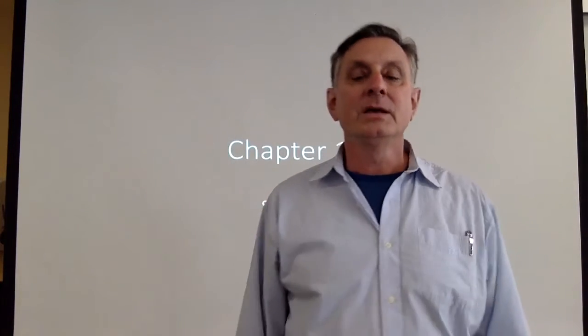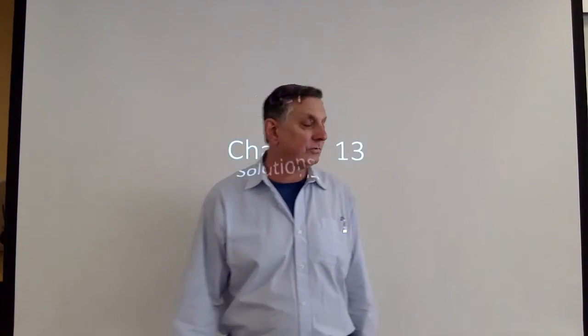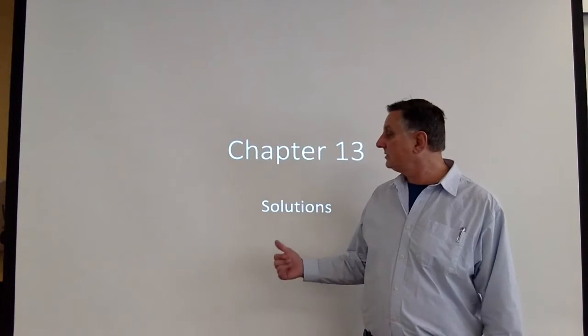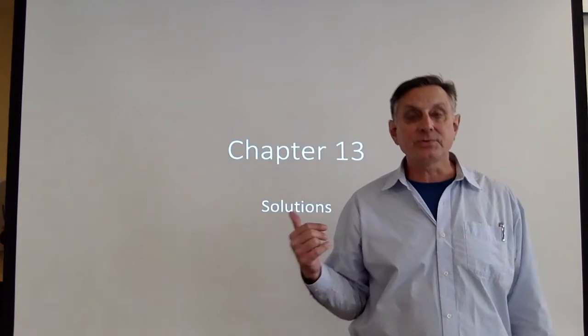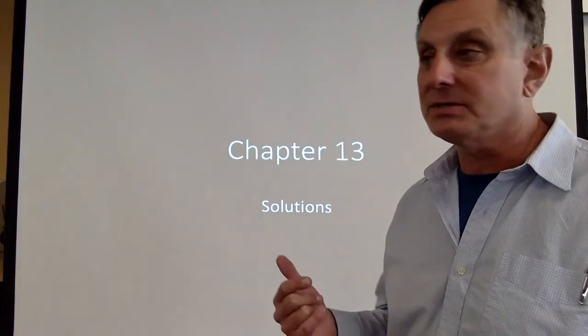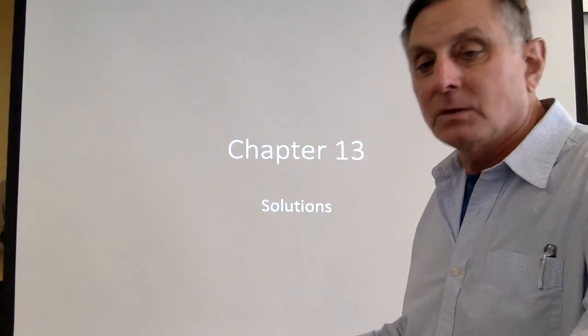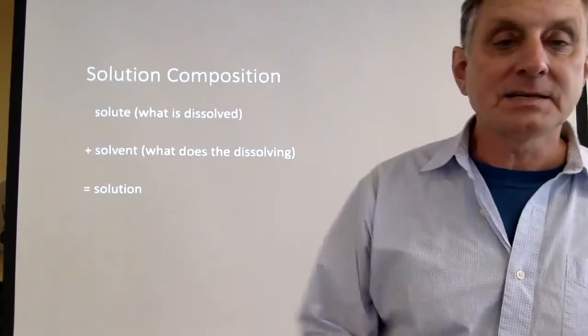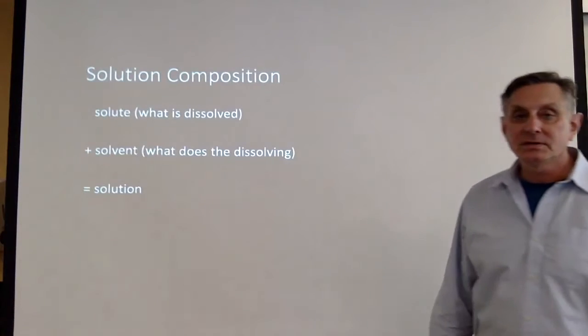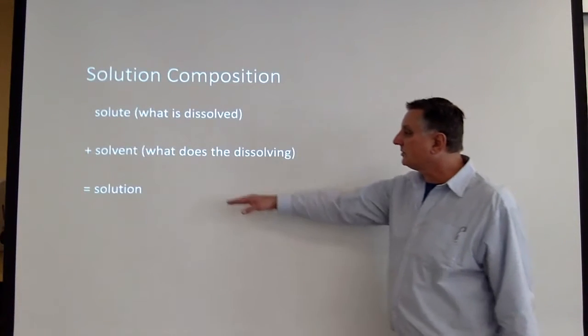All right, I'm going to start today with a little bit of review from what we did on Monday with solutions. In chapter 13, as we talk about solutions, we emphasized that the solute and the solvent equal the solution.